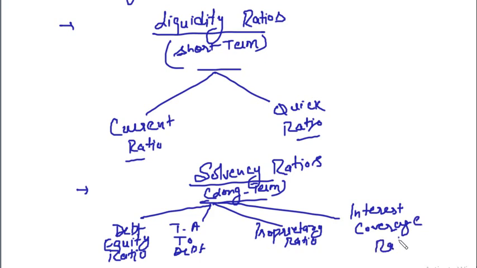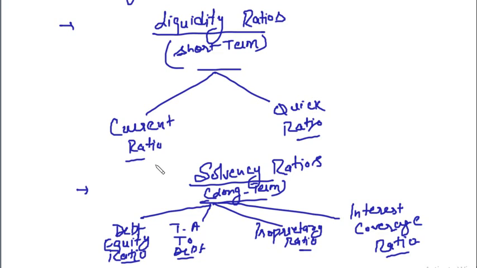See, in all the ratios, the first and the foremost thing that you should be very clear about is you have to identify the financial factors in every ratio. Whenever you start doing a ratio, first identify the financial factors between which you have to establish the relationship.